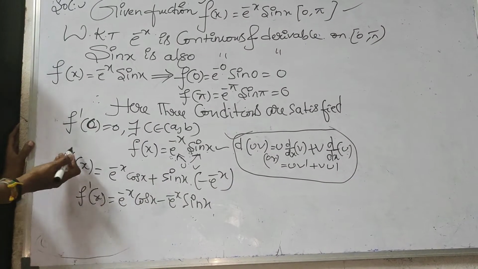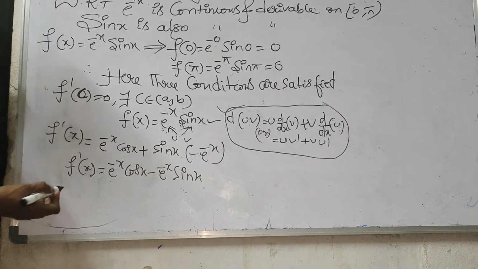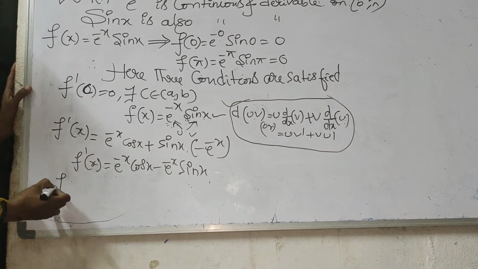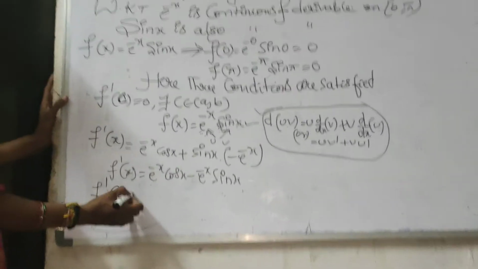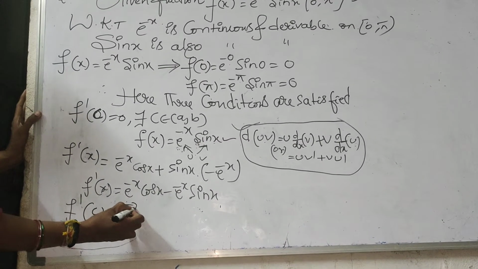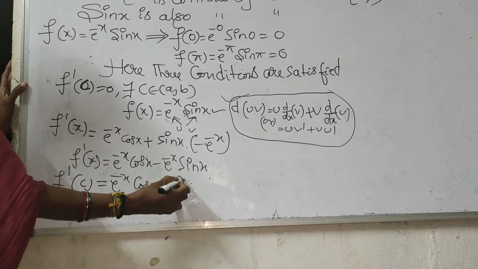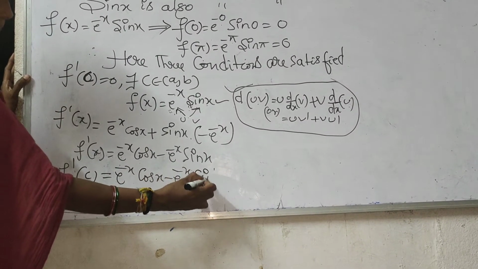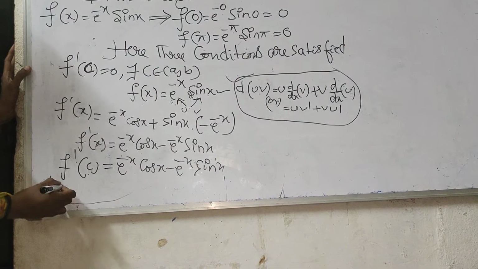But Rolle's theorem says that f dash of c equals 0. First of all, write f dash of c, I mean in place of x write c. That is e power minus c cos c minus e power minus c sin c. Now f dash of c equals 0.